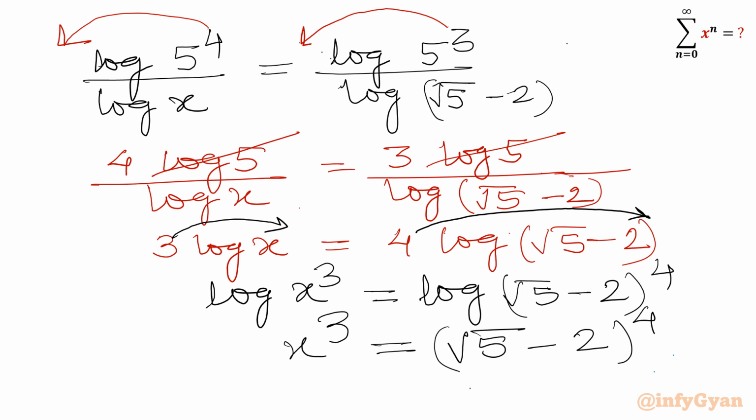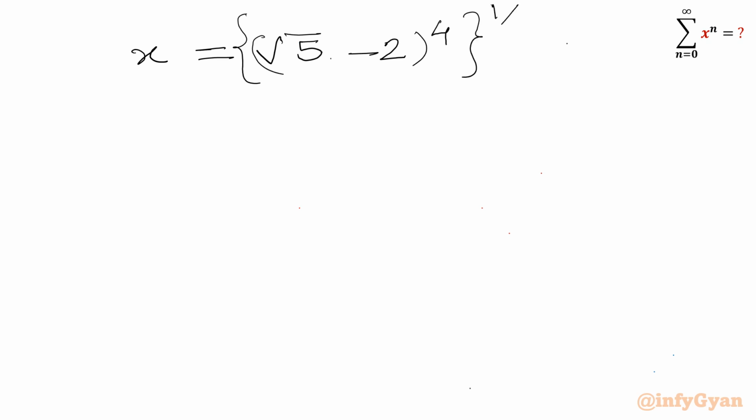Now I will take the cube root on both sides. So I can write x is equal to root 5 minus 2 whole power 4, and then whole power 1 over 3. Now a power b whole power c, we know, is equal to a power bc. So we can multiply these two powers.